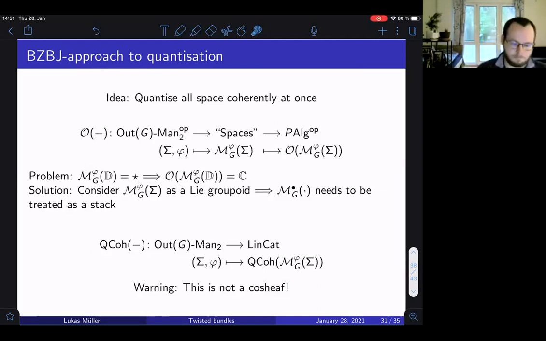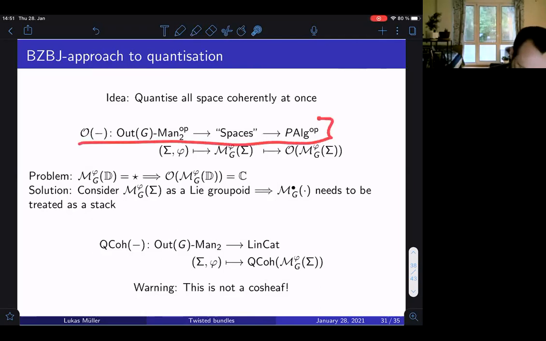So one might want to try to consider not a quantization of one object, but a quantization of this functor here, which sends, so this is a category of two-dimensional manifolds equipped with principal G bundles. So objects are a manifold and then a principal bundle phi.